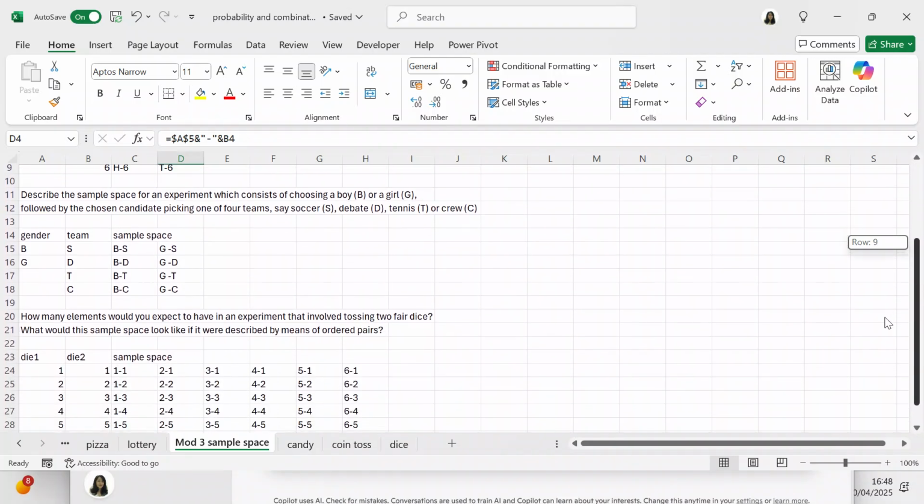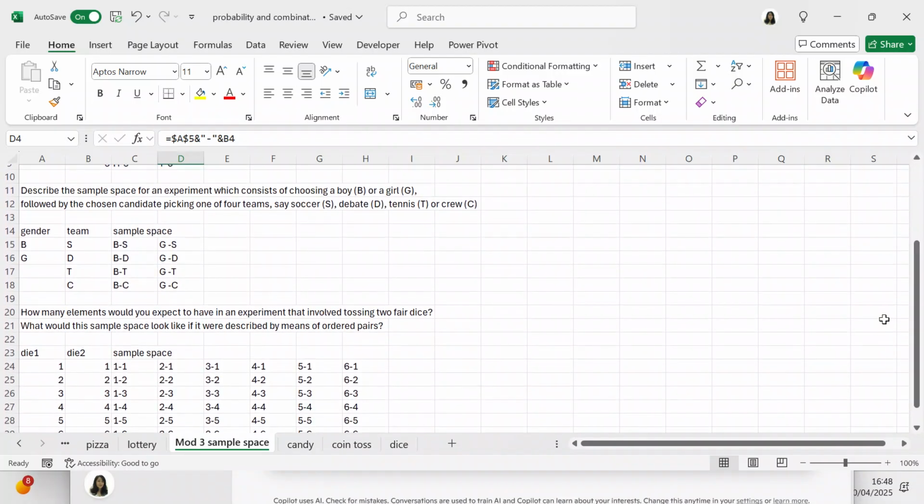So now we have a question that is very similar to the previous question. It is: describe the sample space for an experiment which consists of choosing a boy or a girl, followed by the chosen candidate picking one of 4 teams, say soccer, debate, tennis, or crew.